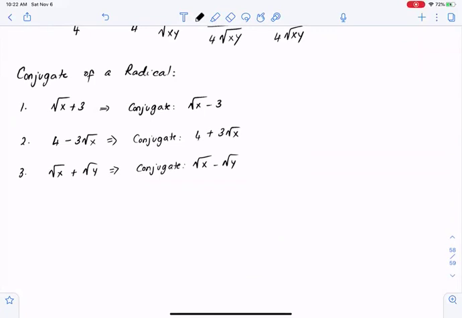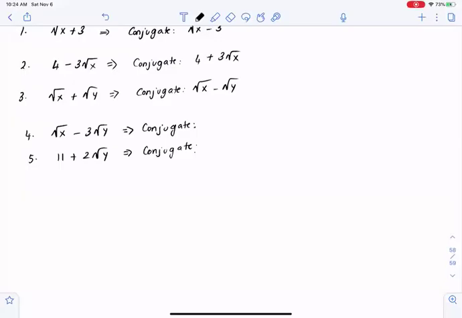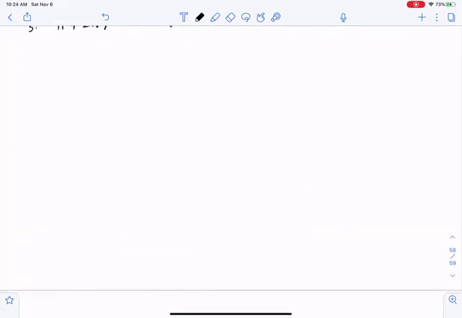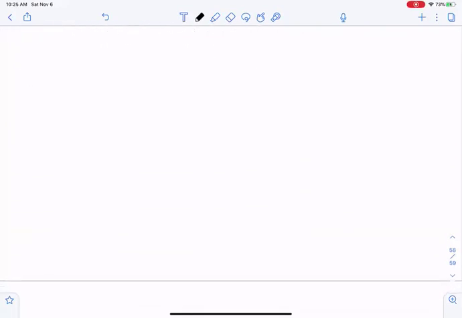But if we have two terms, we need a conjugate. So the conjugate of square root of x minus 3 square root of y is square root of x plus 3 square root of y. The conjugate of 11 plus 2 root y would be 11 minus 2 root y. So here are some examples that would need a conjugate.